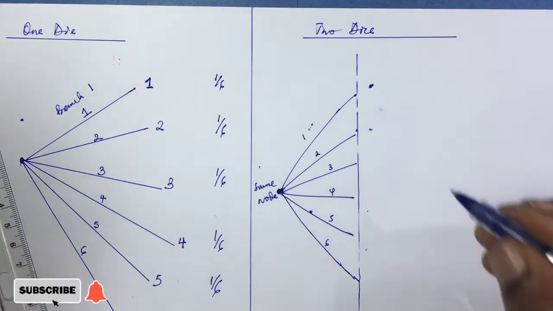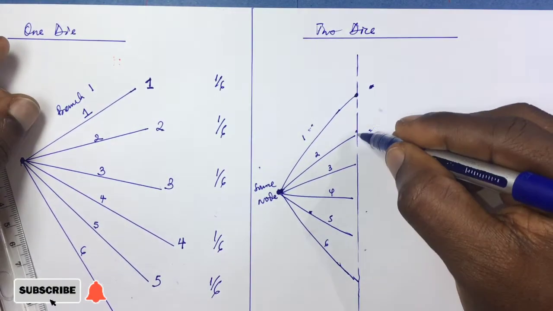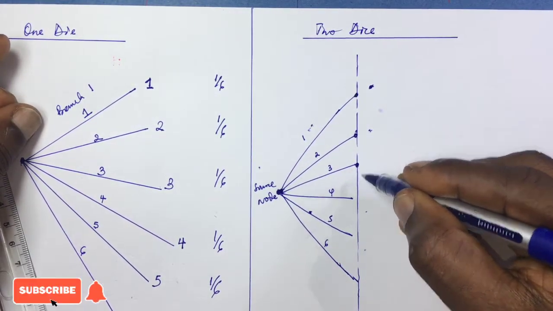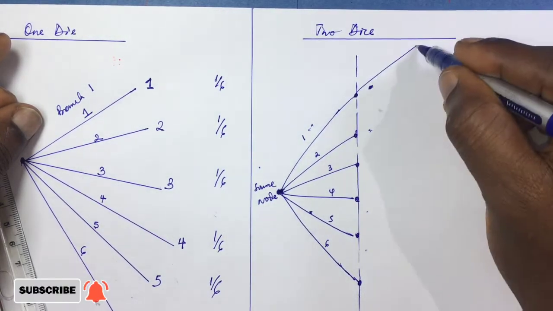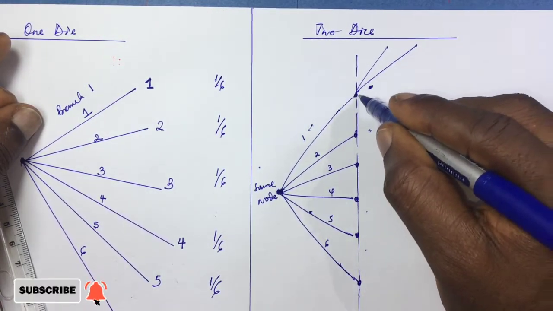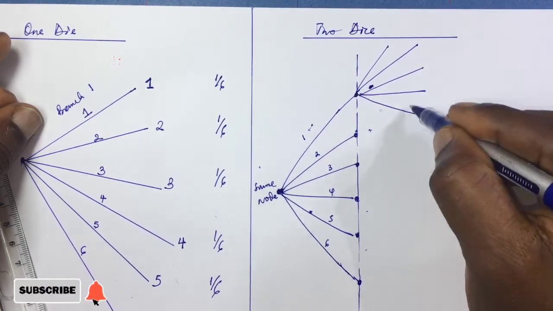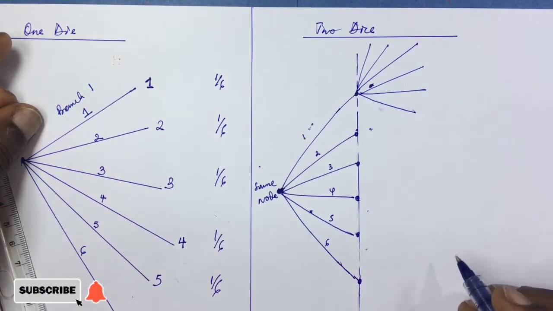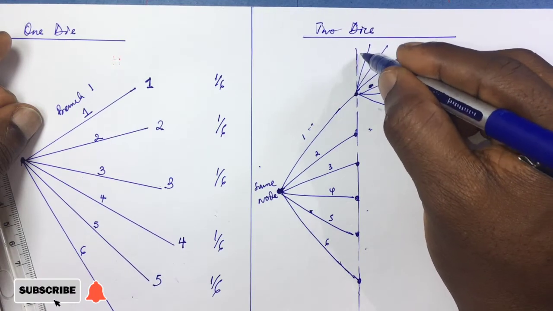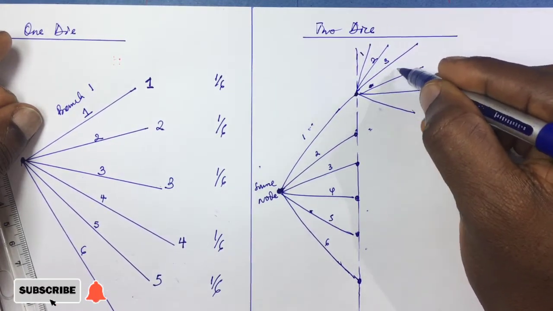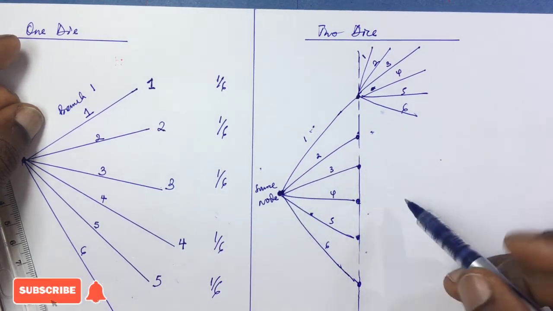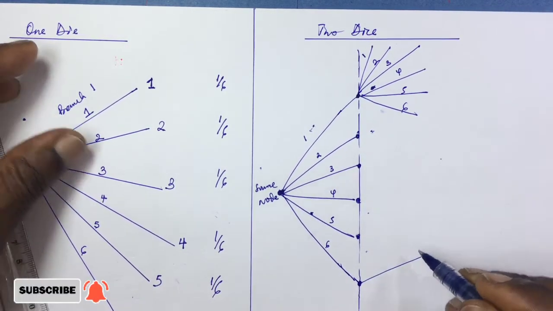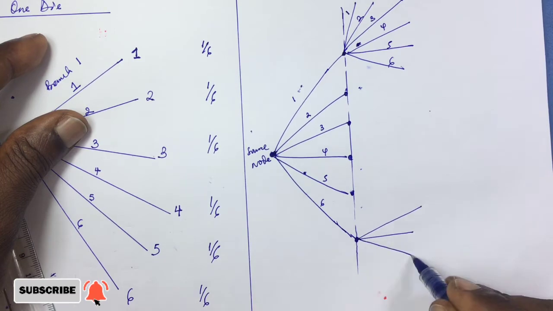So stage 1 will represent the first die. Now, from each of the nodes that end stage 1 will come out 6 branches: 1, 2, 3, 4, 5, and 6. Now, this branch could carry 1, 2, 3, 4, 5, and 6. And you could do the same thing. You have to do the same thing for all of these nodes.